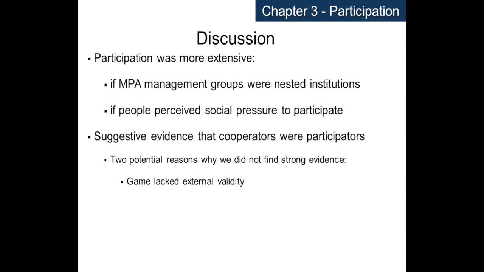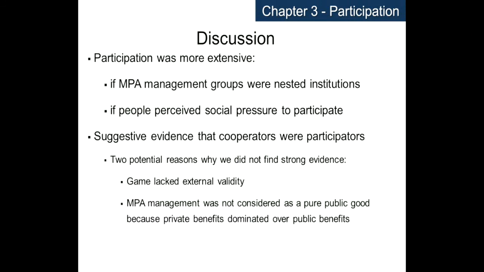The second reason is that potentially the game did actually accurately capture people's cooperative behavioural disposition, but the problem was that MPA management was not considered a pure public good, which was reflected in the game. This could be because in some villages there was a provision of private benefits that could have dominated over public benefits and could have precluded pro-social behaviour and motivations.